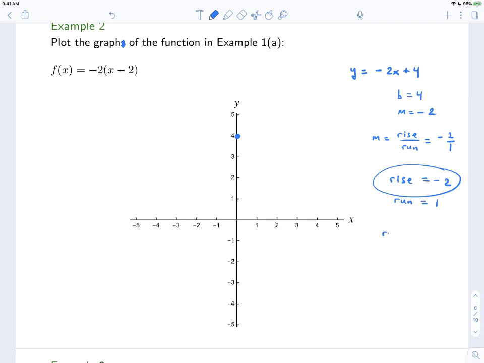So rise equals negative 2 means go down 2 units. And run equals 1 means go to the right 1 unit.